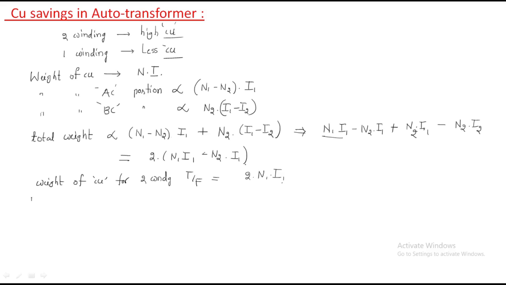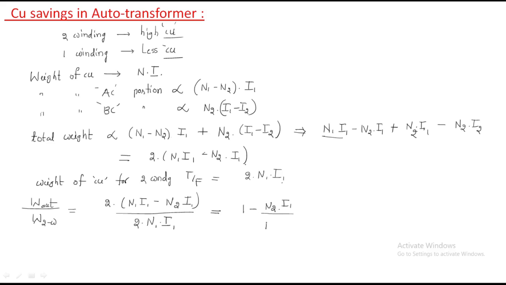So now we will find the weight of the auto transformer to the weight of the two winding transformer. You can write it like this: 2 N1 I1 minus N2 I1 by 2 N1 I1. Finally we will get 1 minus N2 I1 by N1 I1, so again 1 minus N2 by N1.